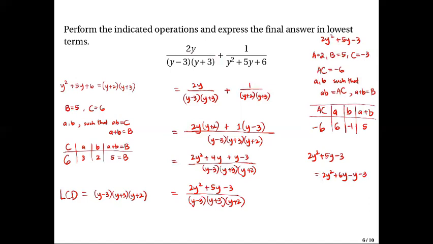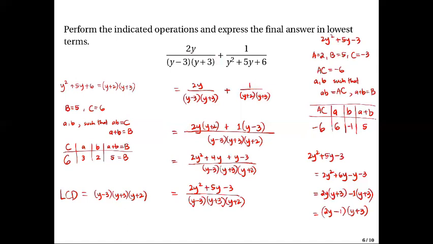And then you can group this together and this together. For the first group, you will be able to factor out 2y. What will remain inside is y plus 3. For this group, you can factor out negative 1, so you will have negative 1 times y plus 3. So factoring completely, you have 2y minus 1 times y plus 3.